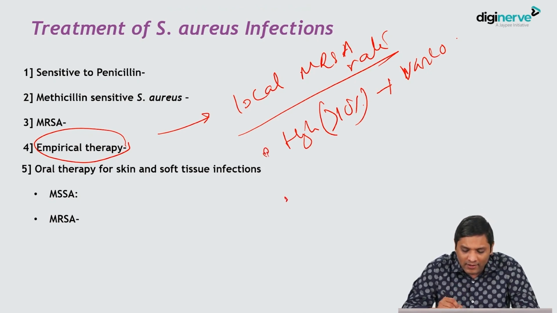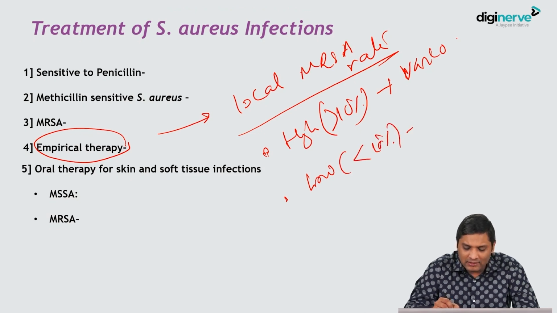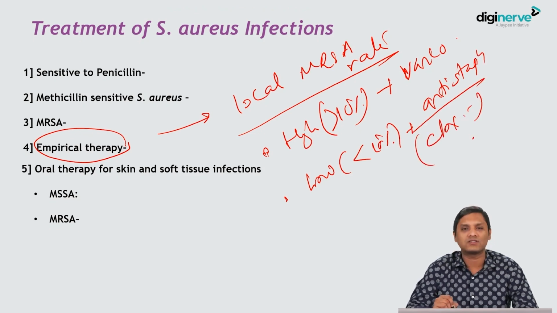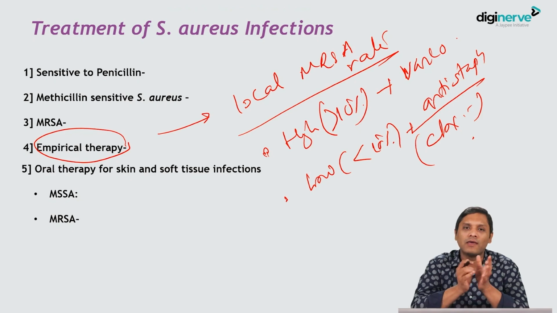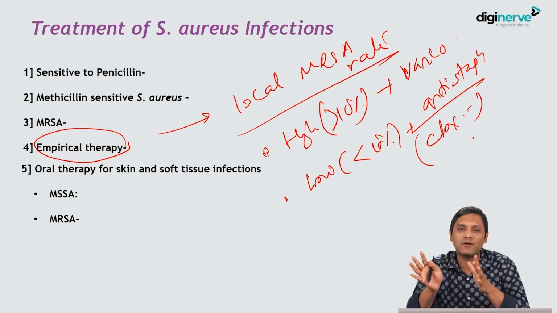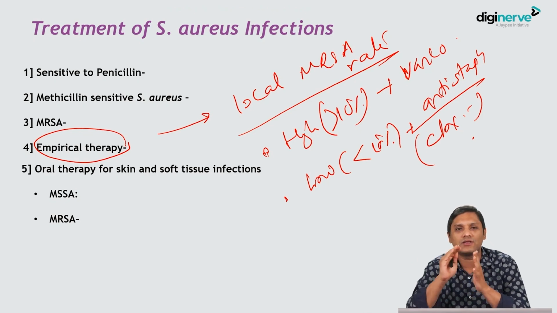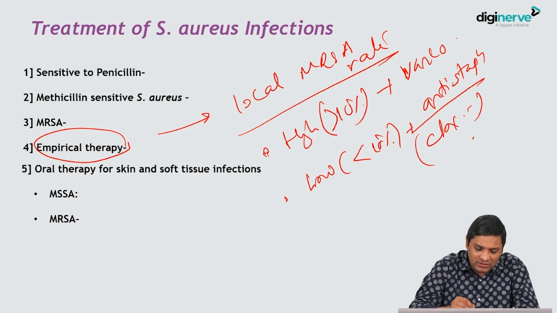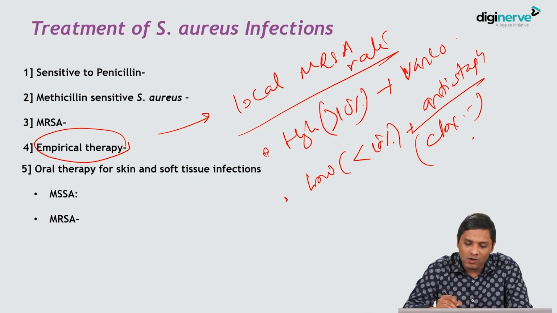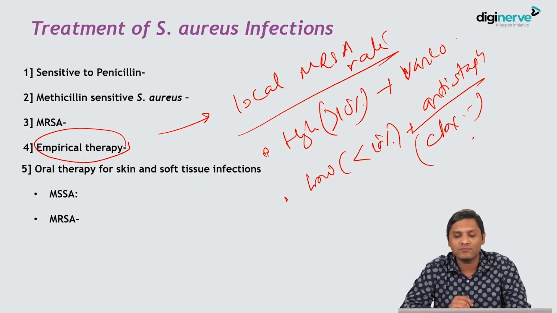If the local MRSA rate is low, less than 10%, then you can start an anti-staphylococcal penicillin like cloxacillin as the first-line empirical therapy. If the result says it is MSSA, you can continue the same antibiotic. If it says MRSA, you can switch over to vancomycin. So this is a strategy used. Empirical therapy strategy is purely based upon the local MRSA rate.